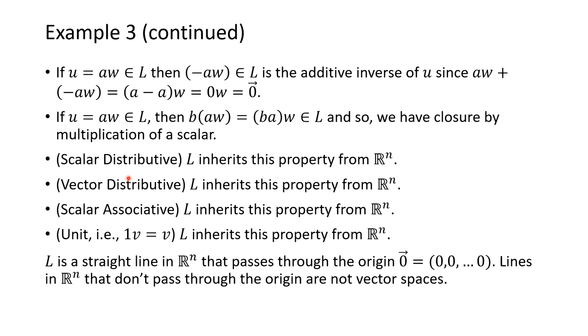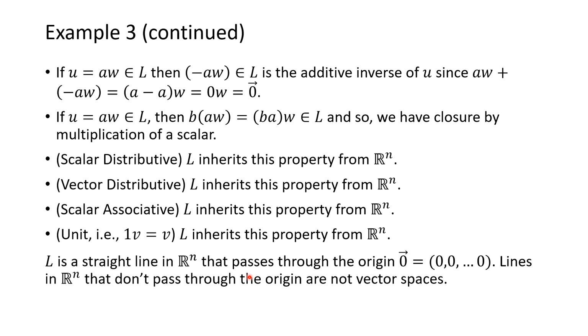Then a number of these are, again, inherited. The scalar distributive law, the vector distributive law, they both are inherited from Rn. Scalar associativity is inherited. The unit vector is inherited from Rn. So we have that.